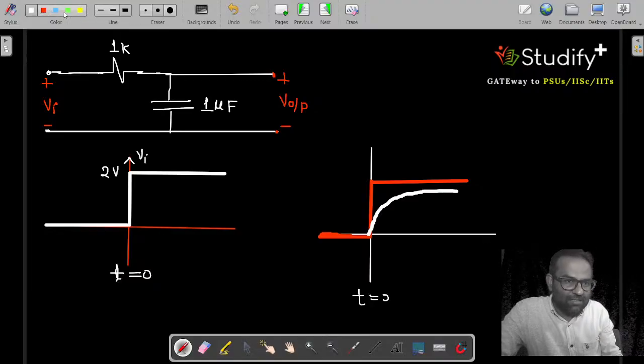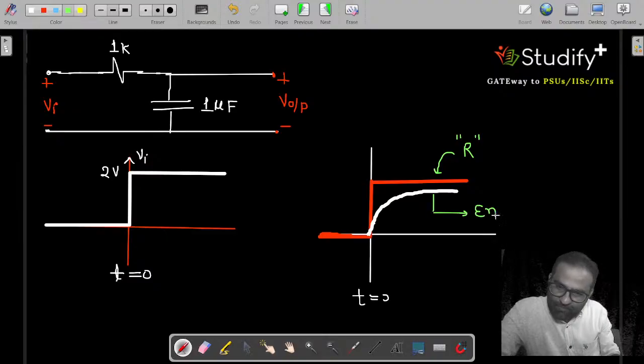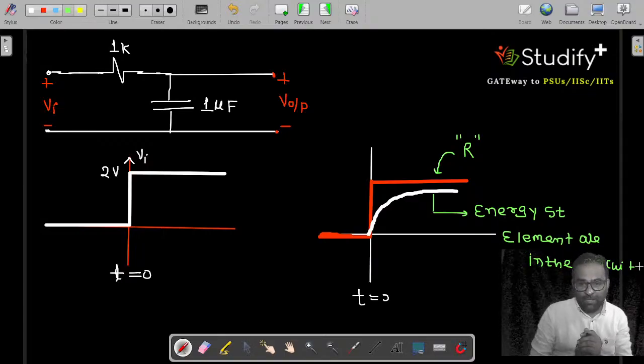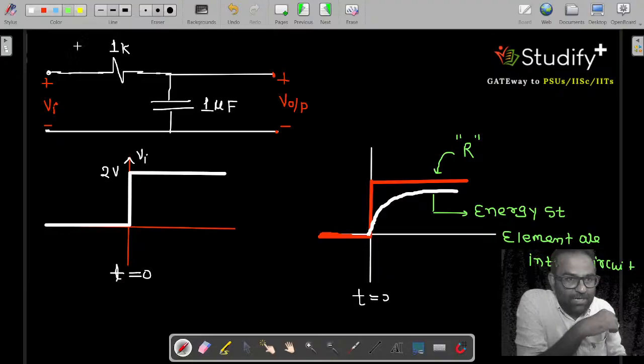This is the response of instantaneous component when only resistances are in the circuit, and this is when energy storing elements are in the circuit, and this response is known as complete response.